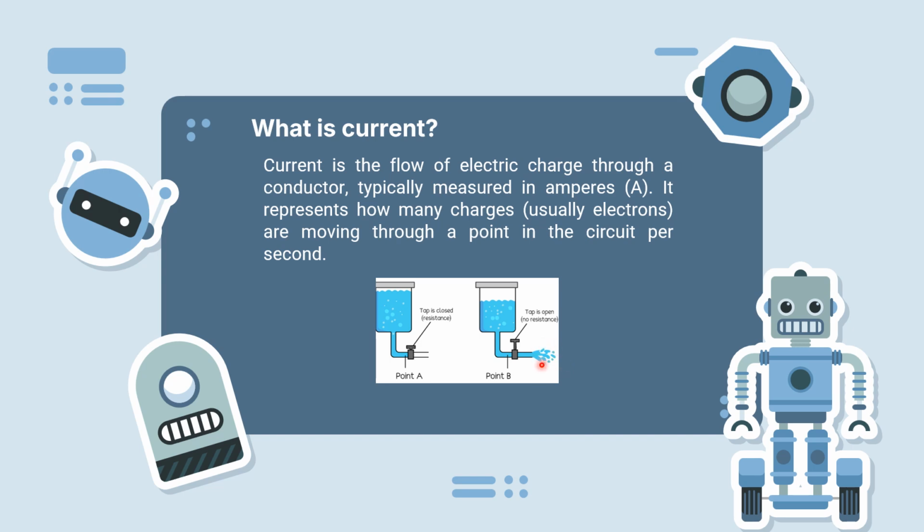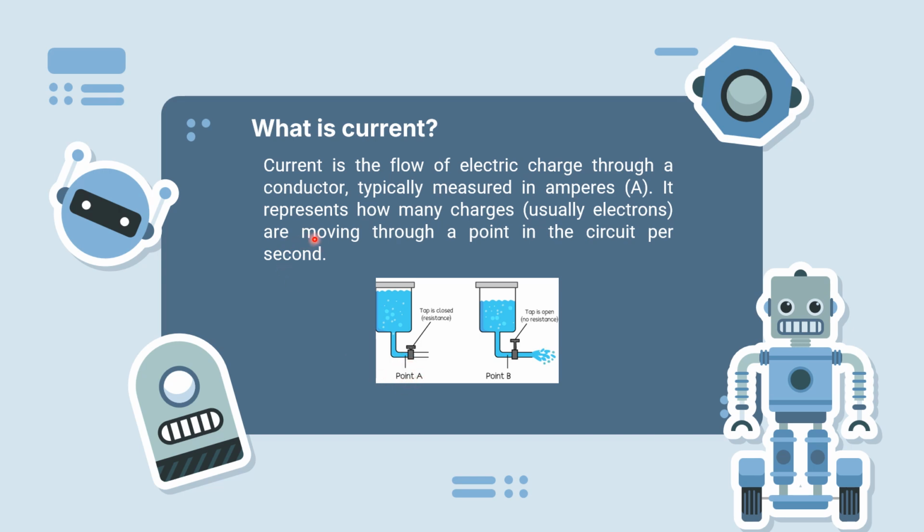We know the water's flow here is the current for us. If we open the pipe or valve more, we will have more current here. So we conclude that if we reduce the resistance value, the current in the circuit will increase.